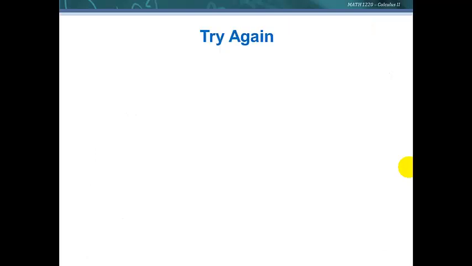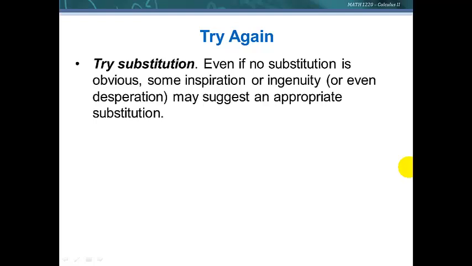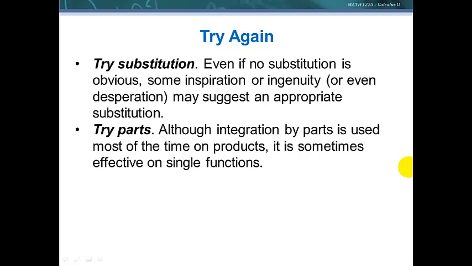Then a next strategy would be to try again, because sometimes things aren't really obvious. If there's no substitution that's obvious, try inspiration, ingenuity, or even desperation. Sometimes trying some different things as you start to work it, you can see how that may do the trick.